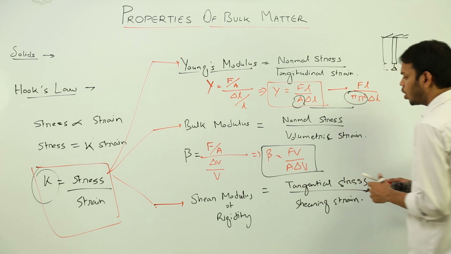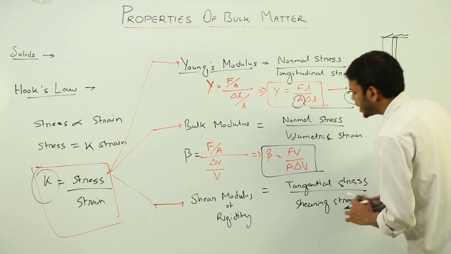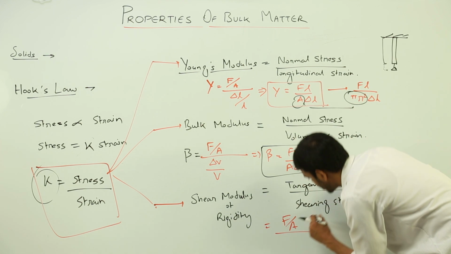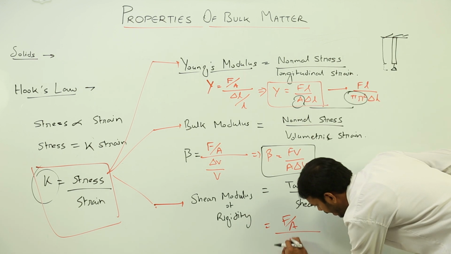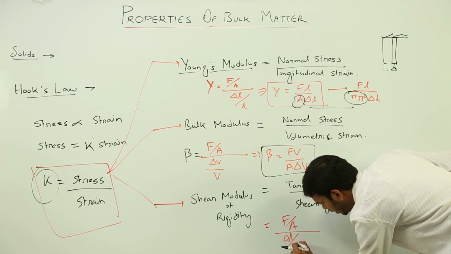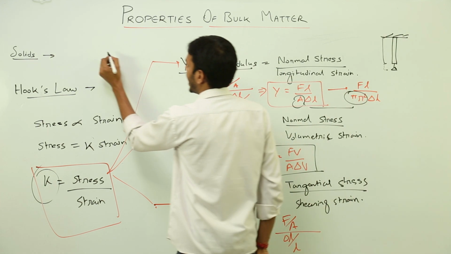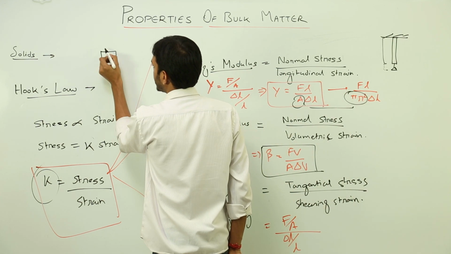Lastly, shear modulus or modulus of rigidity. Tangential stress is the same thing, it is F over A, whereas shearing strain is delta L upon L. But we all know that this delta L is that thing which we did that day.